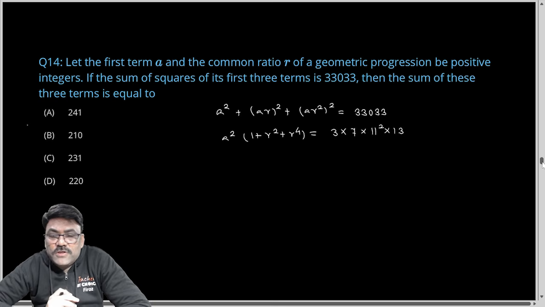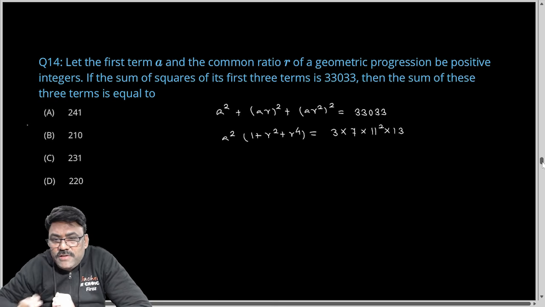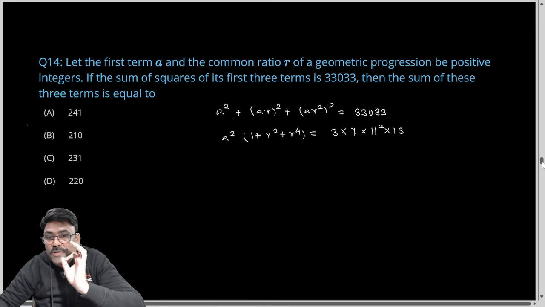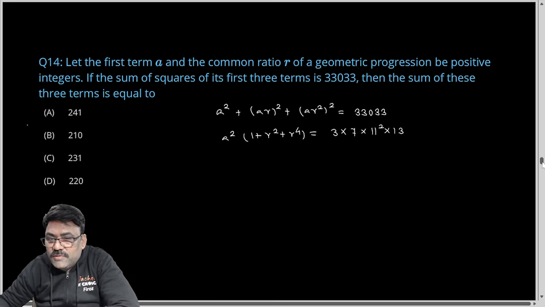Just do the prime factorization of the right side. You can see that 11 square is the only perfect square which can divide this number. So hence A must be 11. So you got A.